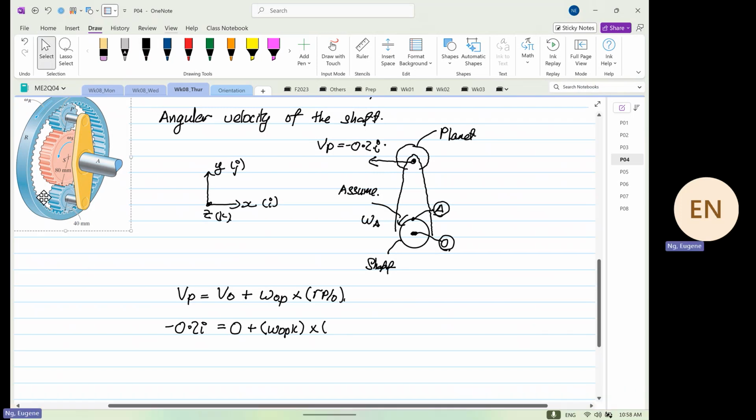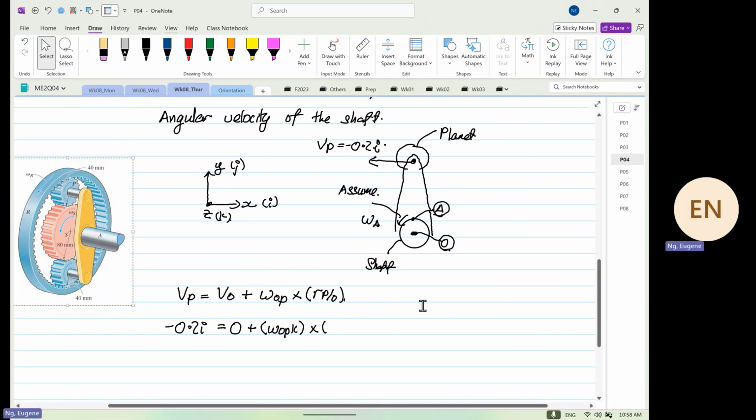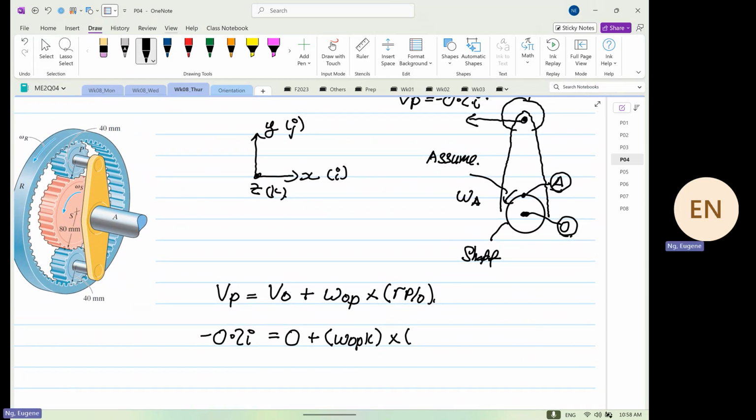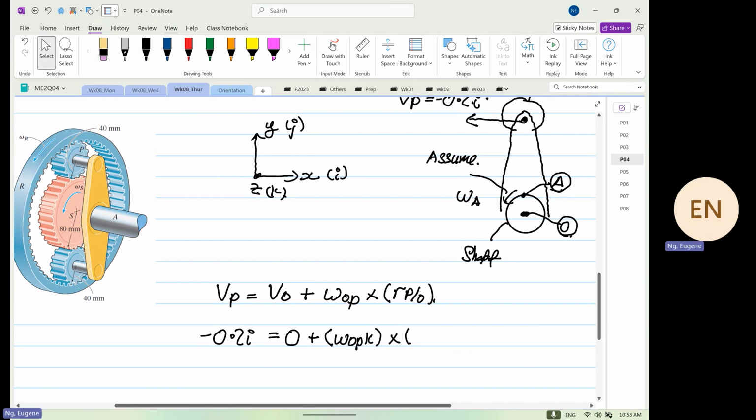Now from point O to the planet, we know that this is 80 millimeters. And then we know this is 40, so 40 plus 80 is equal to 120.